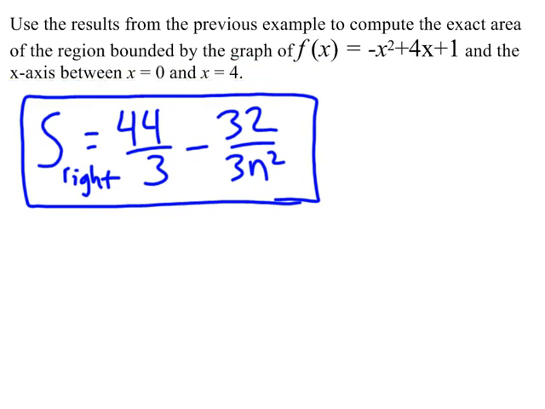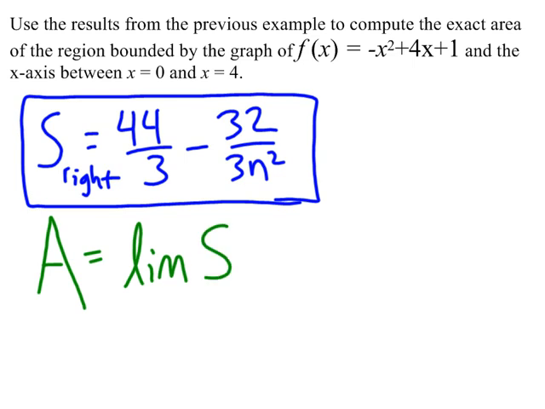And I'm guessing that you know what's coming up, but let's just do this as a formality. The actual area of that region is going to equal the limit of, in this case, the right sum. But again, I emphasize that that could have been the left sum, the upper sum, the lower sum. Any of the sums will give us the same limit. We're going to ask what happens as we increase the number of rectangles under that curve to infinity.